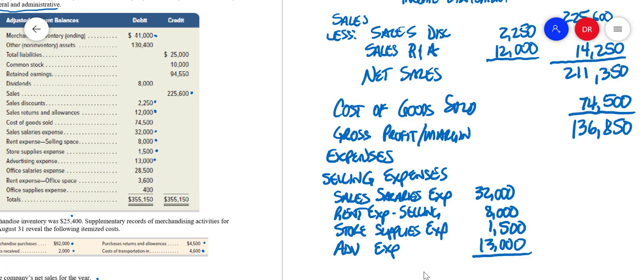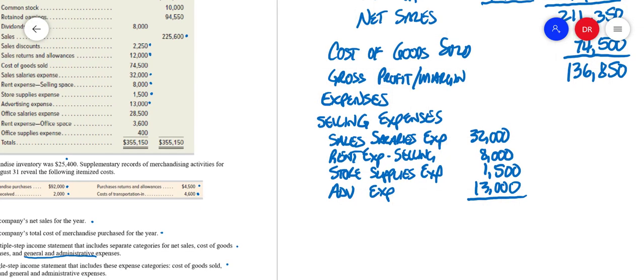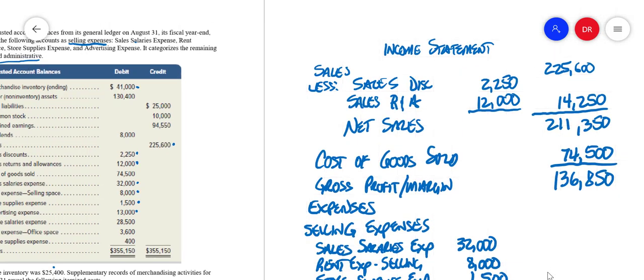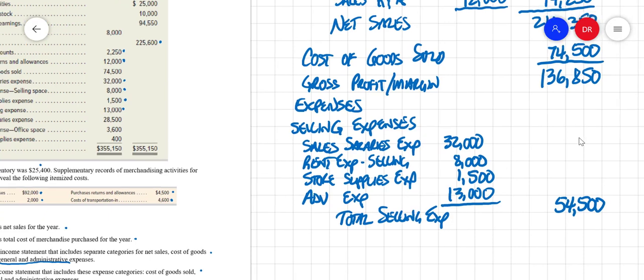So then we're going to have total selling expense, that will be 54,500. Now the formatting I'm using here is typical for an income statement where we identify the totals on the right column and the details that make up those totals or subtotals in the left column.